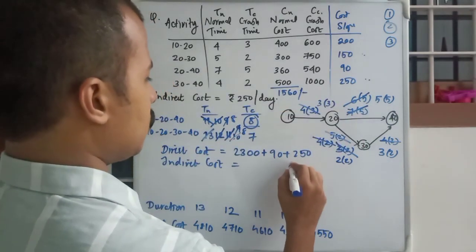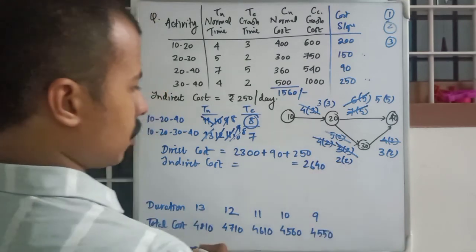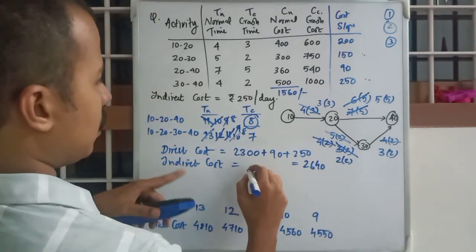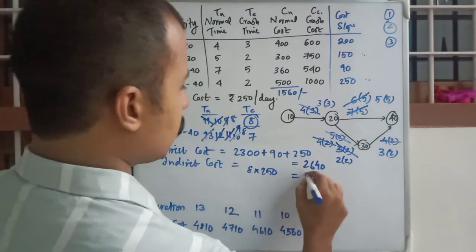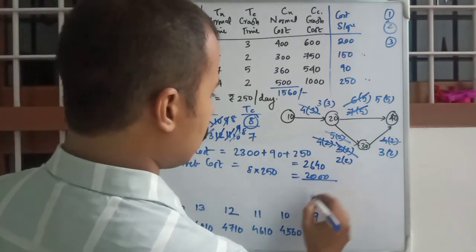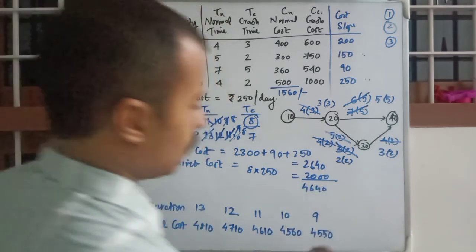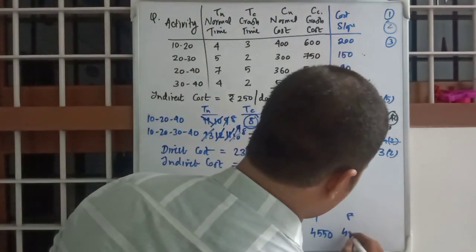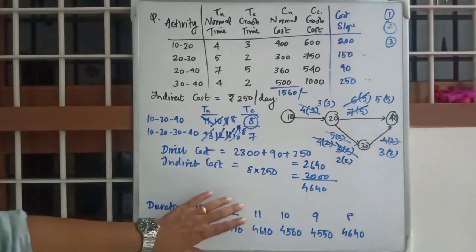Okay, so you will get 2640, and indirect cost is 8 into 250, equal to 2000. The total is 4640. So the last one, 4640. This is the final list.